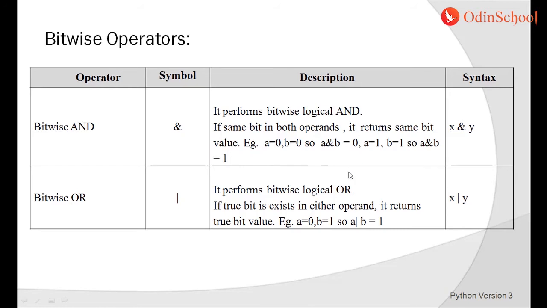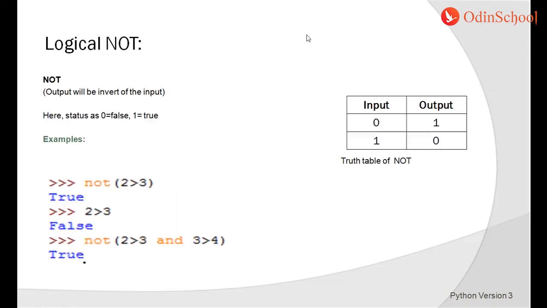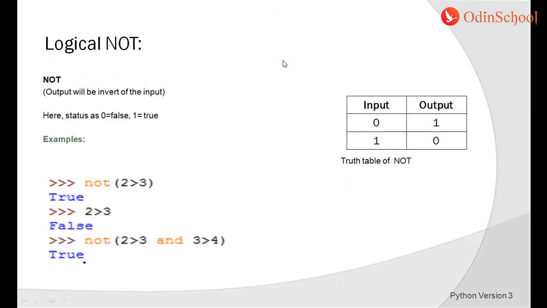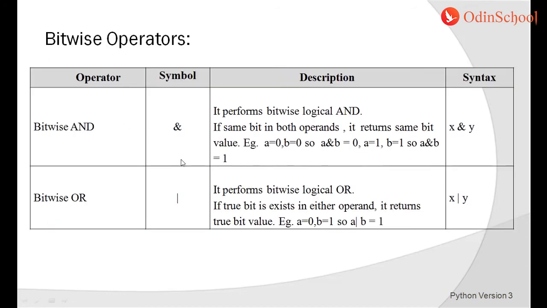So you can use the bitwise and mainly when you use C programming and you want to combine this C programming with Python, at that time you use these bitwise operators. It works the same way: 0 0 0, 0 1 0, 1 0 0, 1 1 1, in the AND, in the OR and in the NOT.